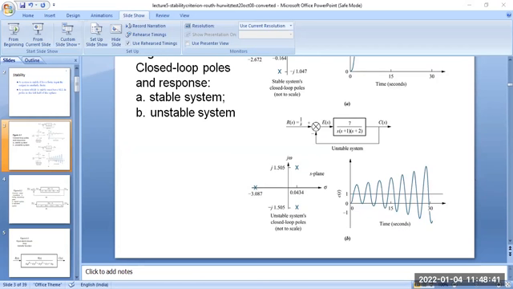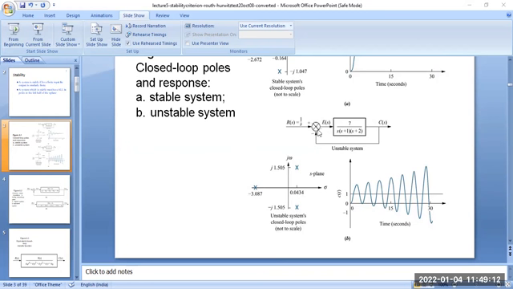Okay, so after this part, we have to consider the stable system and unstable system for the closed loop control system. Next, here you can see this is basically one closed loop system. We have to consider here the characteristic equations. This is the input, R(s), and this is C(s), the output of the system, and this is basically the transfer function, the ratio between the output of the system to the input of the system.